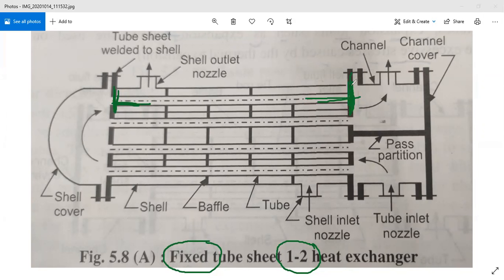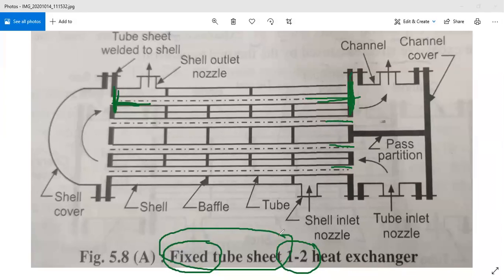Removal of the tube sheet means removal of the tube sheet including the number of tubes which are joined or welded or which may be an integral part of these tube sheets. All these tubes are the integral part of this tube sheet, and that is why it is called a fixed tube sheet shell and tube heat exchanger.